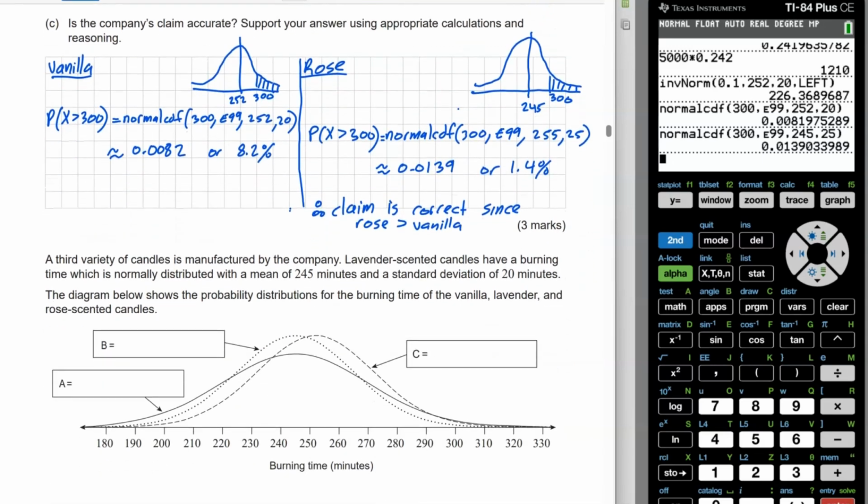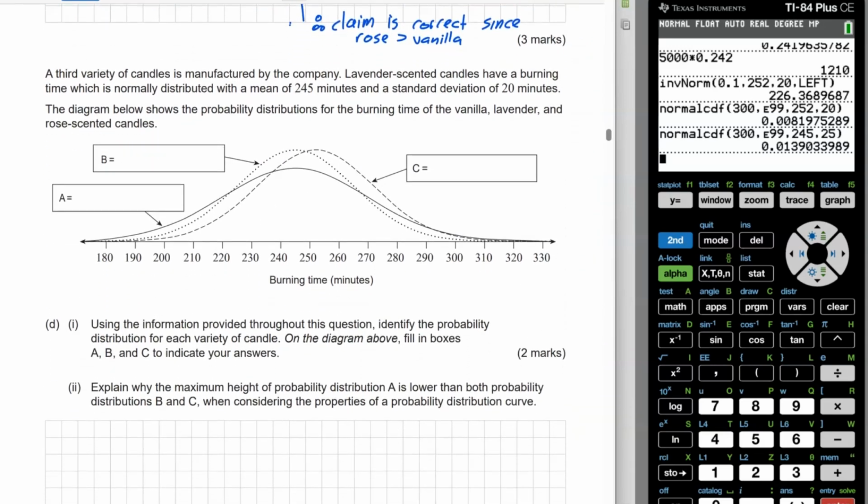Okay, now this is when we get a third candle coming in, and this time we have a lavender scented candle, and we've got a mean of 245, standard deviation of 20. So I might write here, X is distributed normally. We've got our 245 and we've got our 20.